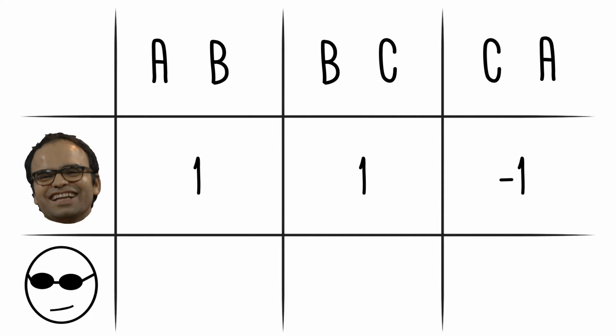I like A over B, I like B over C and I like A over C. On the other hand, you might have liked A over B, C over B and A over C. Looking at the overlap of these 3 columns, it seems that you and I agree on 2 out of these 3 entries. After computing similarity using cosine of our vectors restricted to the overlap of these 3 columns, we get similarity of 1 over 3.